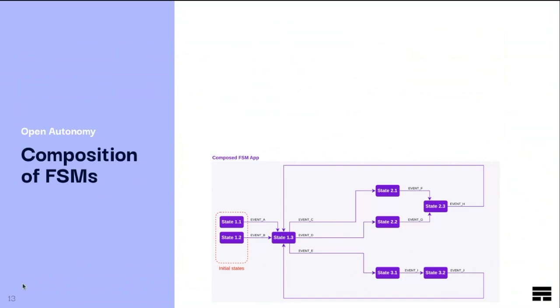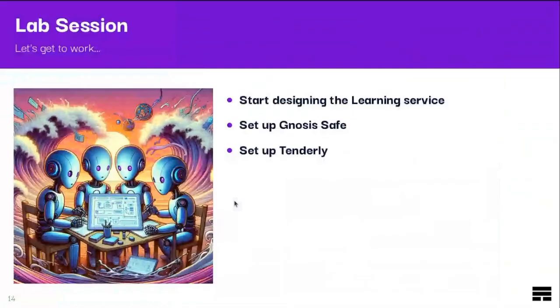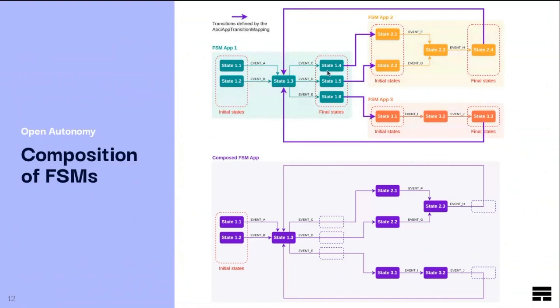Okay, so we have a question, Carlos. Yes, is there a way for a final state to be linked to multiple initial states from other FSM apps? Yeah, but in this case, let me go back here. So you mean, can I link this to two different states here?